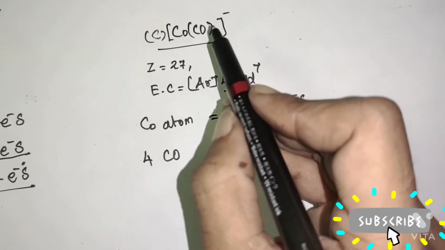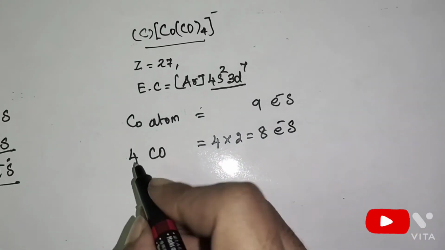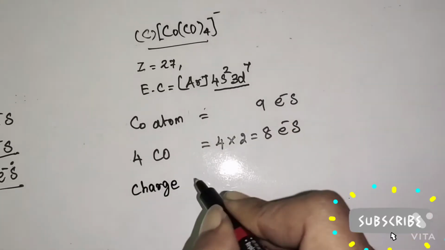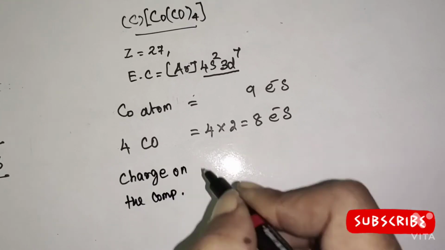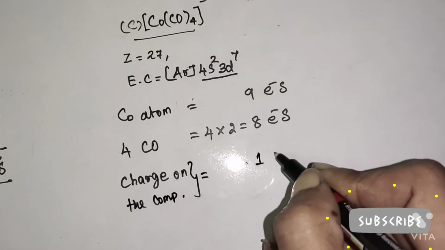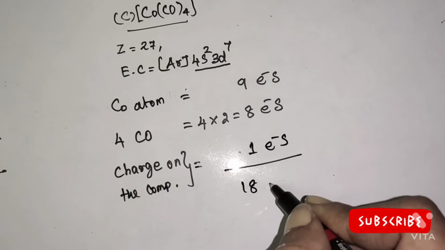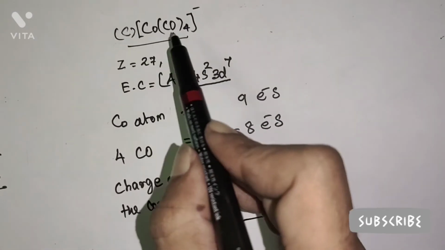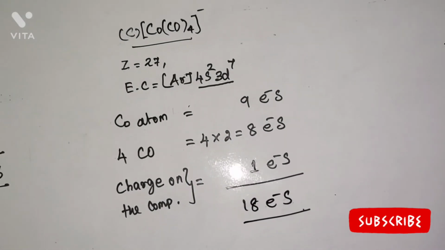Now listen, the charge on the compound is 1 minus, so that adds 1 electron. The total is 18 electrons. Therefore, Co(CO)4 minus has 18 electrons.